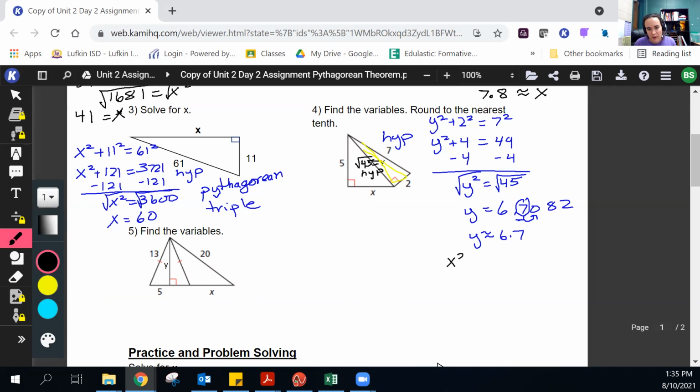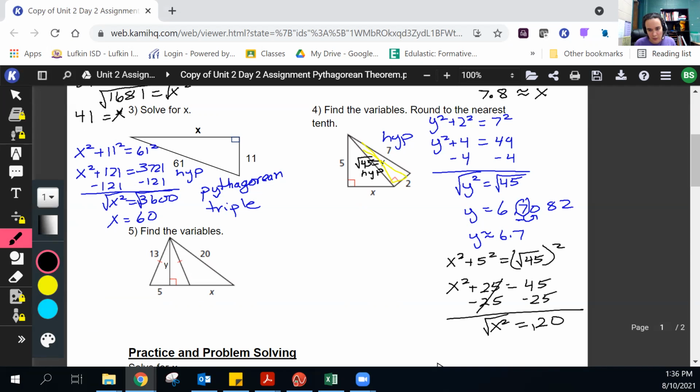So we've got x squared plus 5 squared equaling the square root of 45 squared. 5 squared is 25, and the square root of 45 squared is 45. Subtracting 25 from both sides, we've got x squared equaling 20.